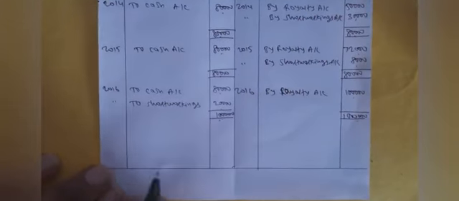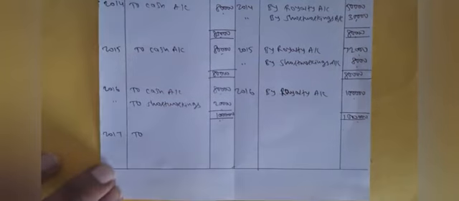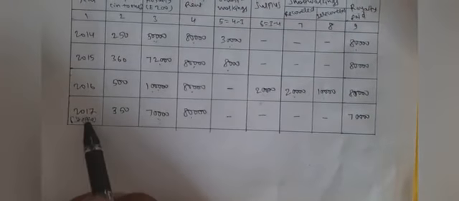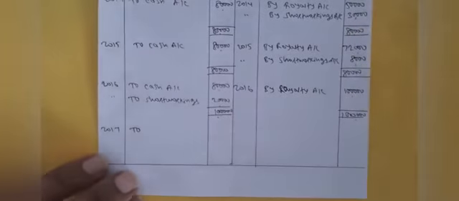Okay, so in 2017, how much royalty is paid over here? See, in 2017 only 70,000 is paid, to cash account 70,000.